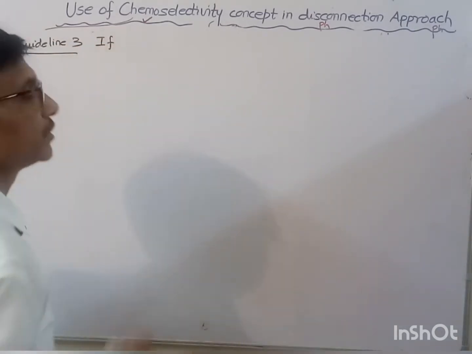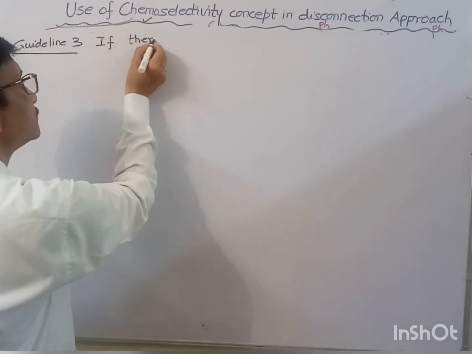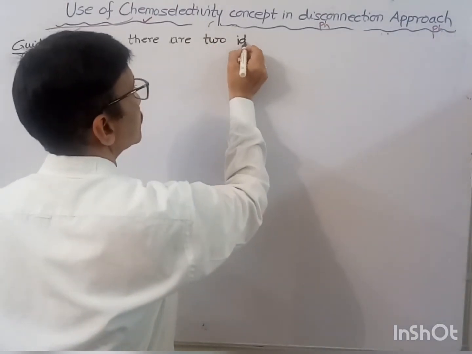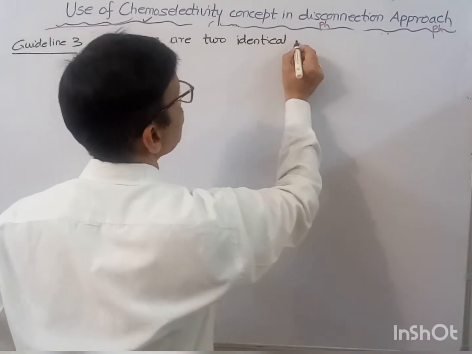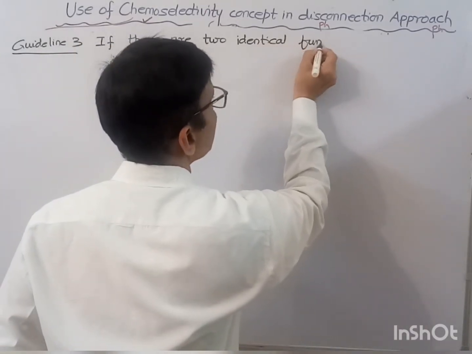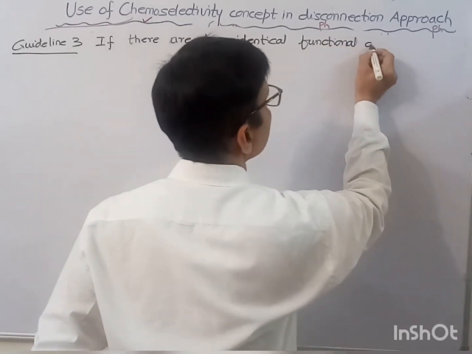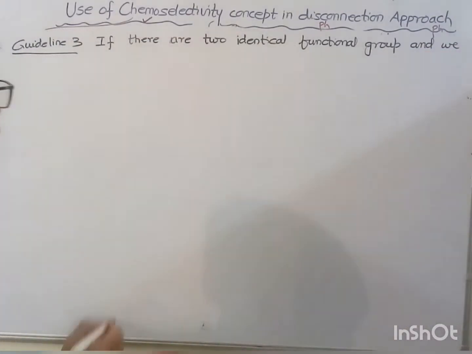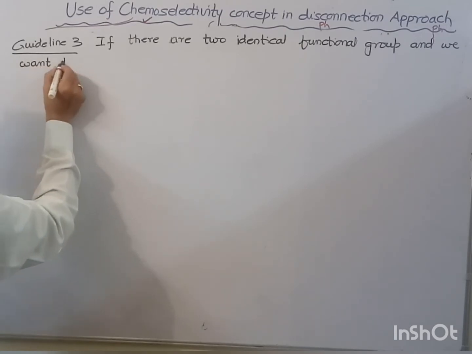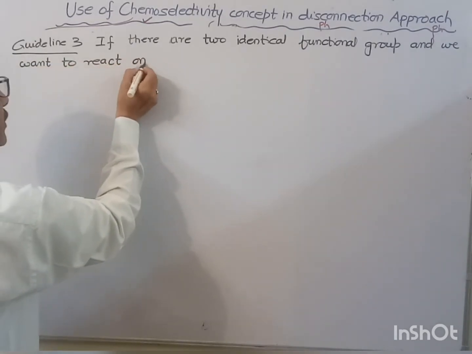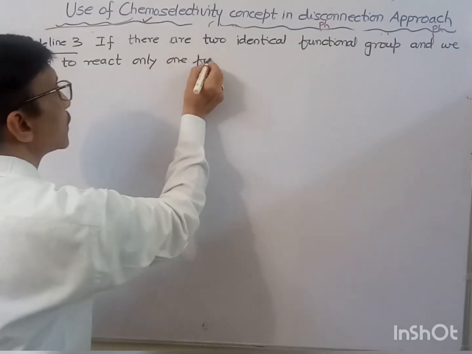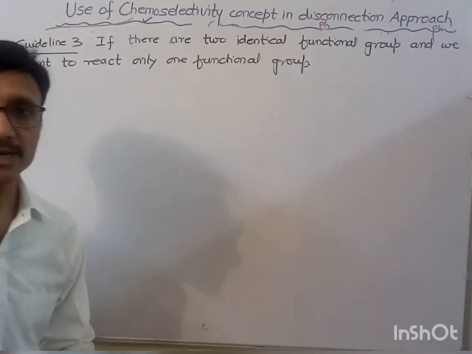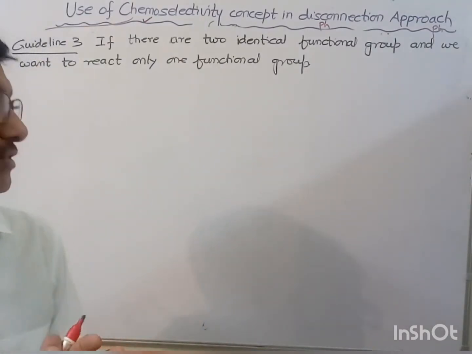Now if there are two identical functional groups, and we want to react only one functional group, then this is only possible if the product formed is less reactive than the starting material.